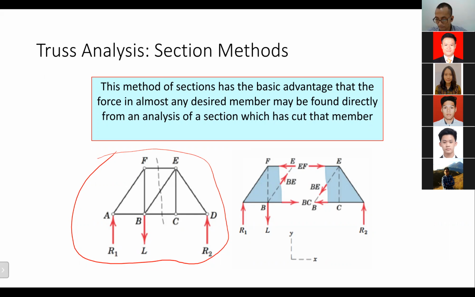But remember, when you do the cutting, you have to cut a maximum of only 3 members. Why 3 members? Because we only have 3 equations.